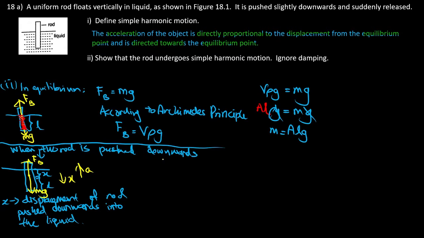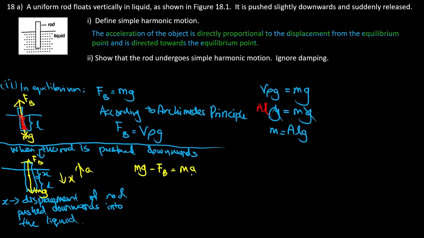So the equation will become mg minus Fb equal to ma. Why? Because your mg is in the same direction as your x, so your mg should be positive, while your Fb is negative because it's in the opposite direction to your increasing x. I repeat, mg is positive because mg and x are in the same direction, while Fb and x are in opposite directions.